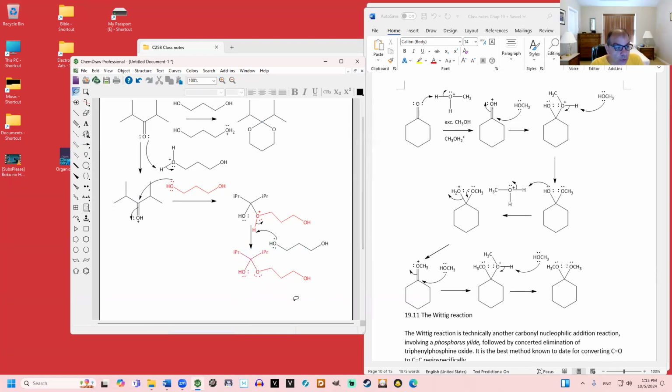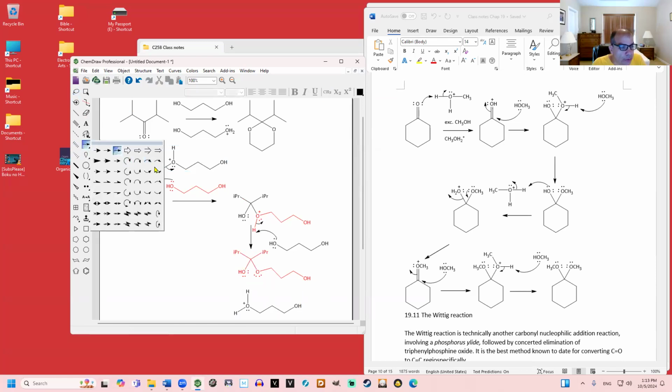Good, that gives us this intermediate. And then we need to use our Bronsted-Lowry acid in order to put a proton onto the other oxygen.